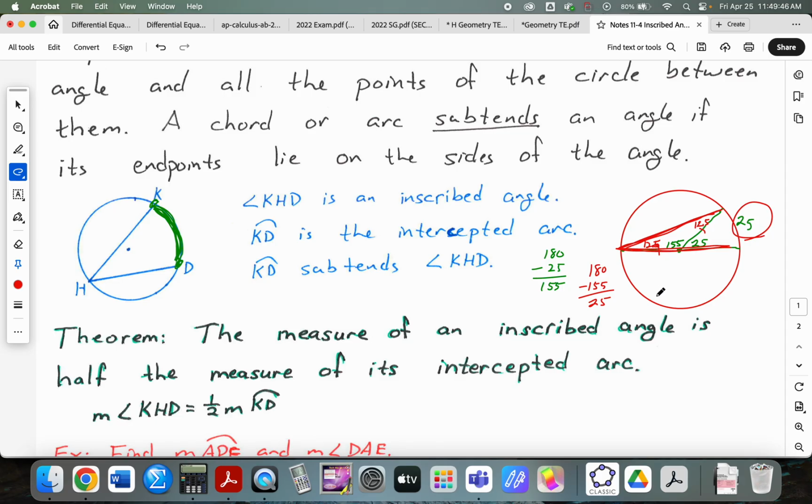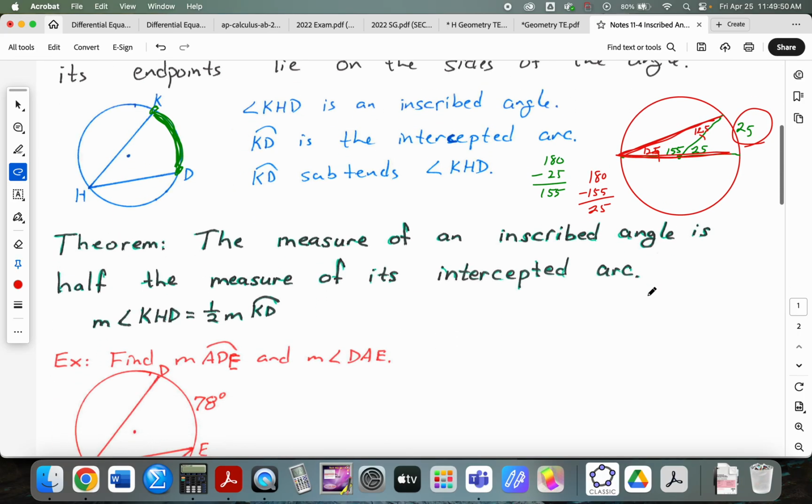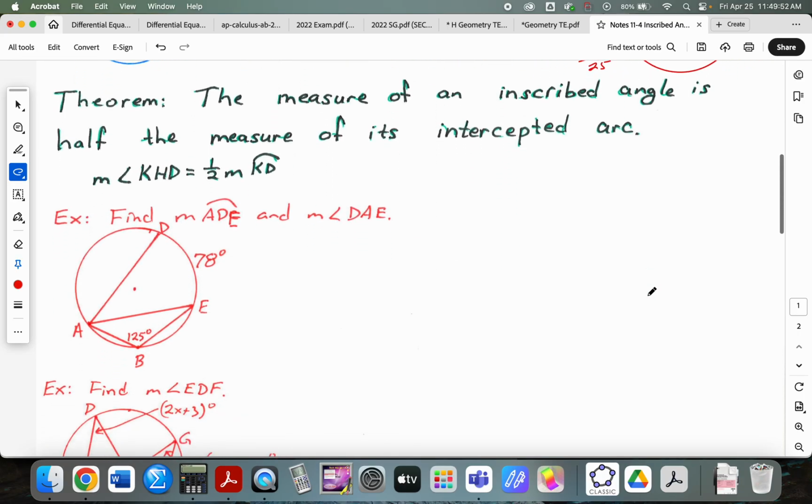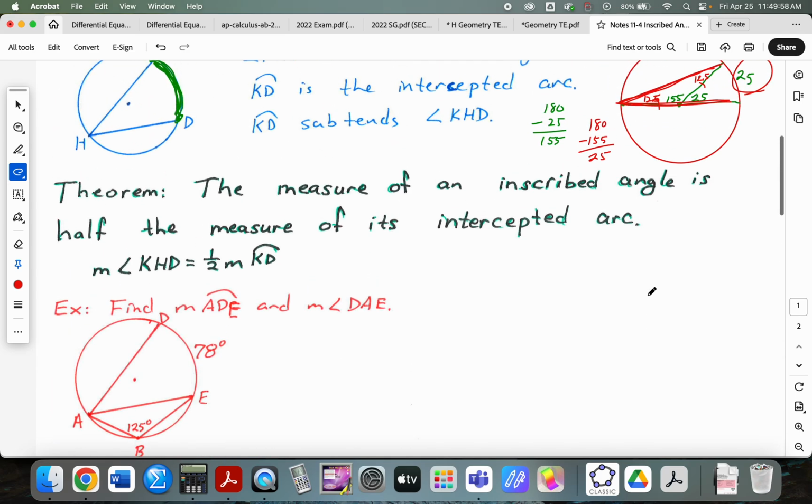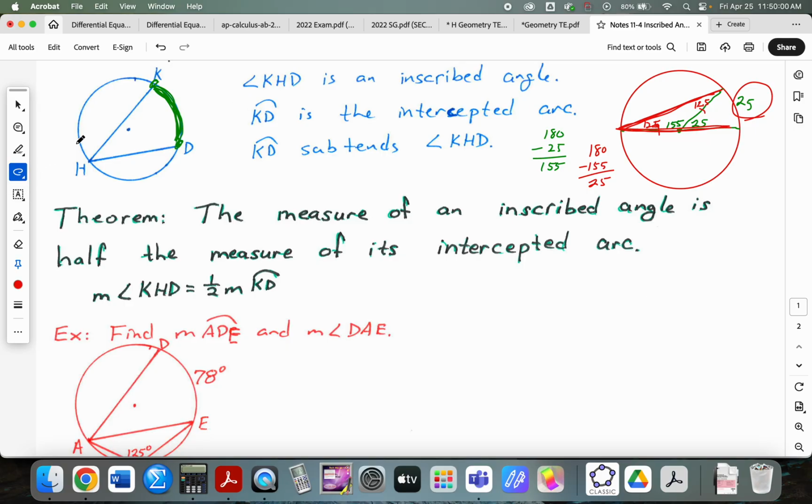Sorry, it got a little messy. So if you have an inscribed angle, its measure is half the measure of its intercepted arc. So in this diagram up here, this angle is half the measure of arc KD.